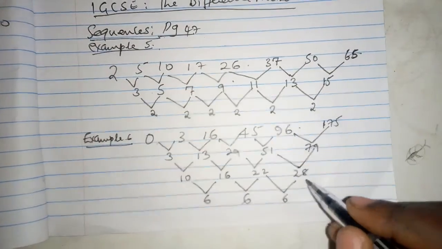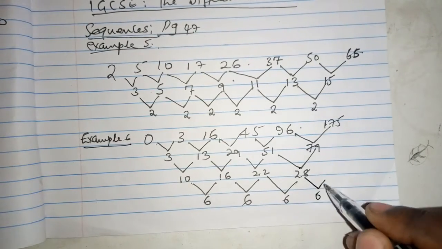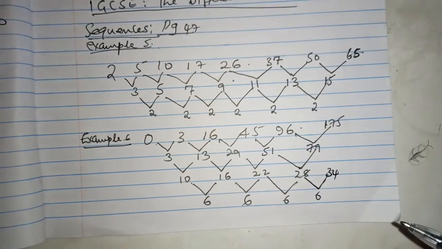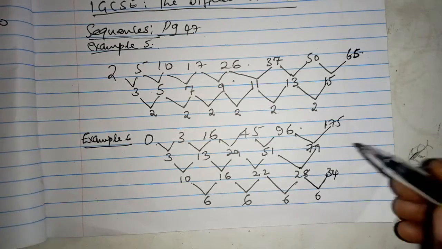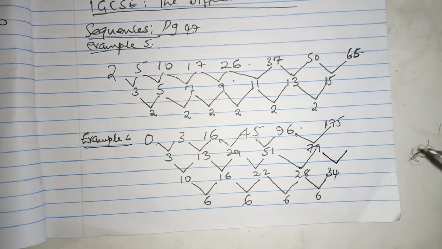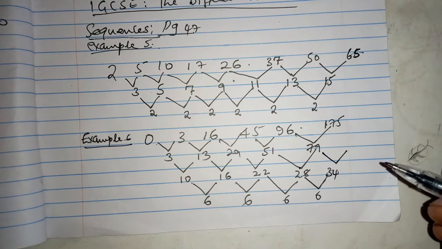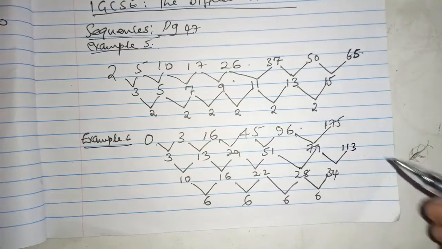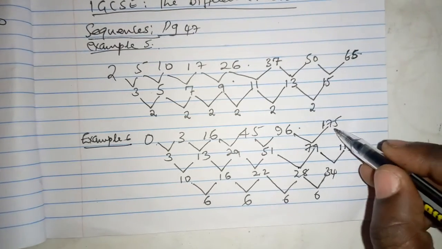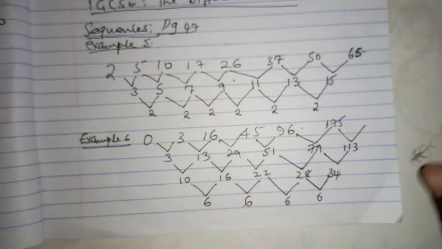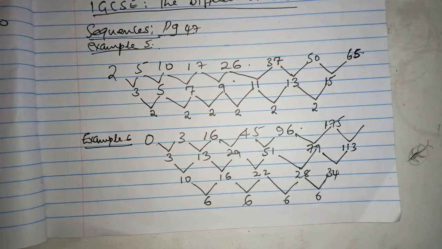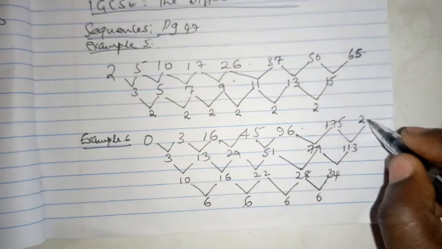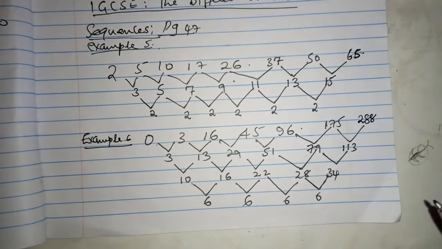We go again: 28 plus 6 is 34, and 79 plus 34 is 113. And 175 plus 113 is 288. That is the next term.